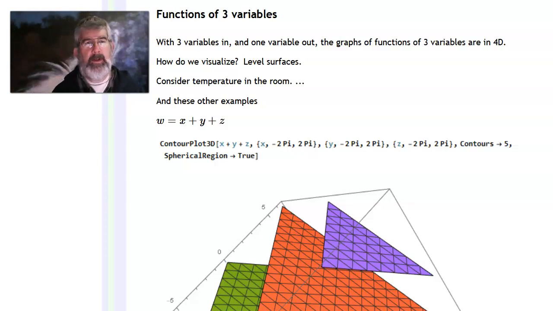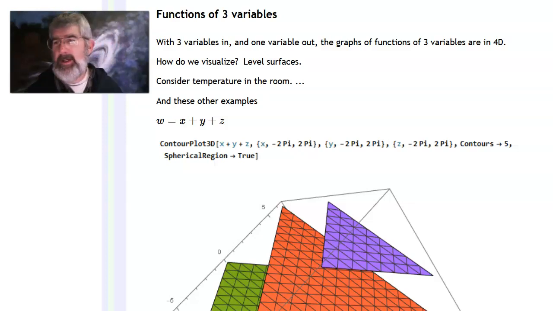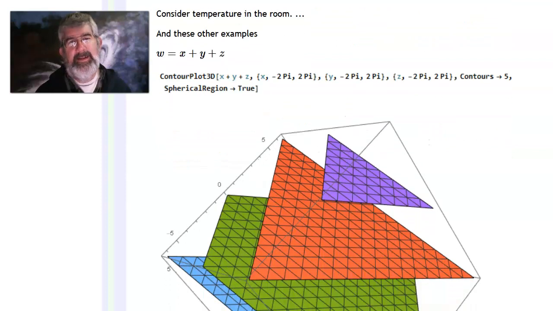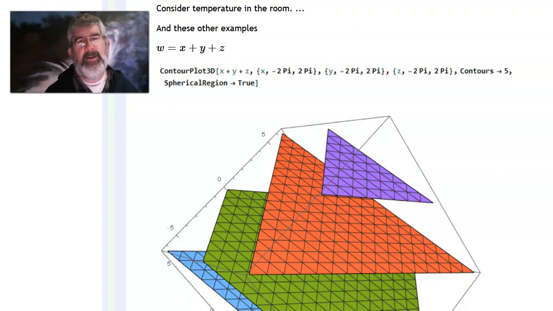Now, I also want to give you some examples of some functions, some simple ones, some not so simple ones. Here's a really basic one, just linear. w is a function of x, y, and z.